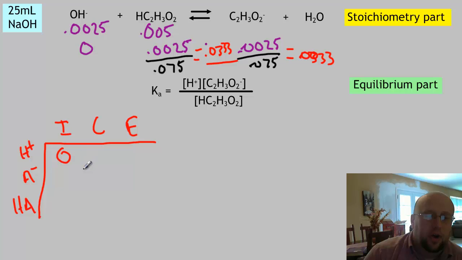Okay, so we have no hydrogen at the beginning, and we've got 0.0333 of both the acid and the acetate, right? So both of them were 0.0333. As sort of standard at this point, we're going to lose the acid and gain our conjugate base and our H+. And so that's going to leave us with these guys.